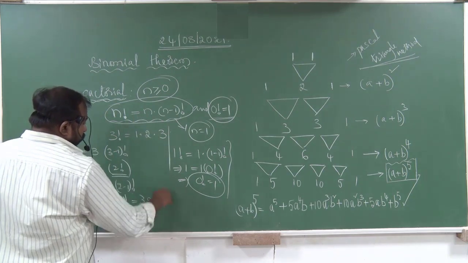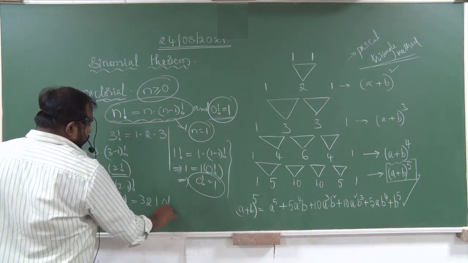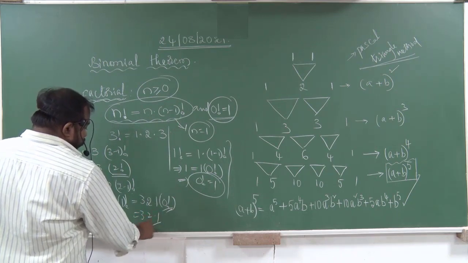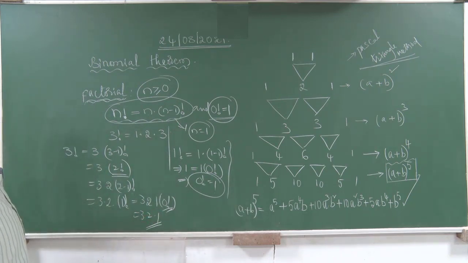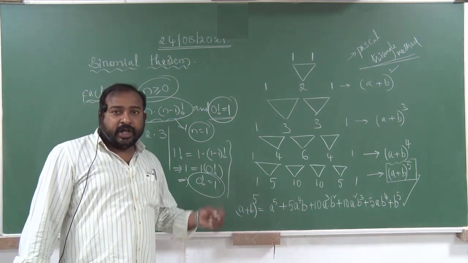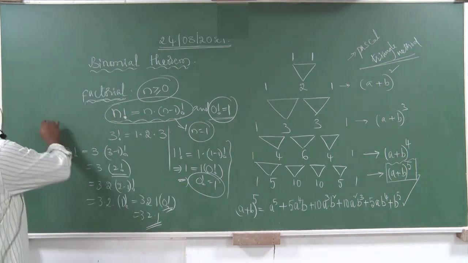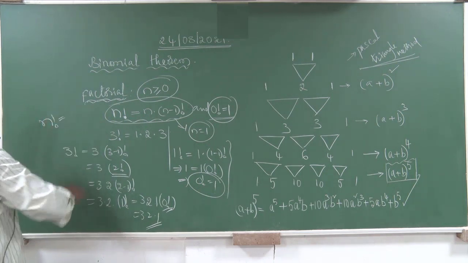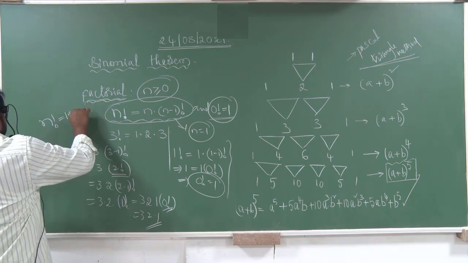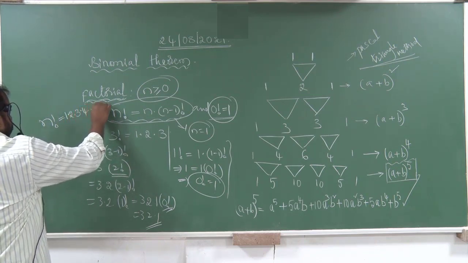Then 1 factorial equals 1 into (1 minus 1) factorial, which is 0 factorial, but 0 factorial equals 1 only. So you will get 3 into 2 into 1. So simply the product of the first n natural numbers is indicated by n factorial. So n factorial means 1 into 2 into 3 into 4 into, and so on up to n.